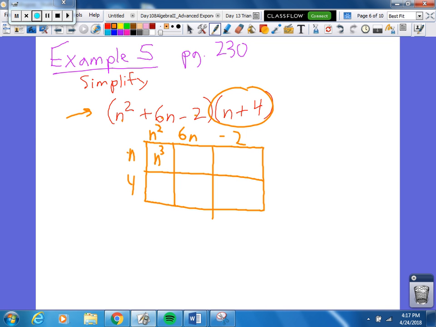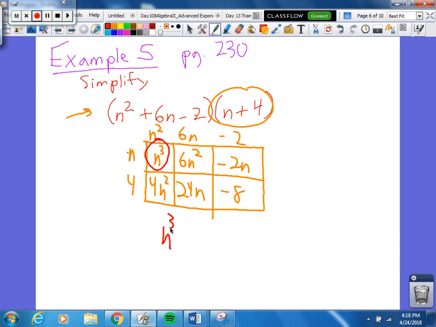Alright, let's see what we got. 6n squared, minus 2n, 4n squared, 24n, and minus 8. Bam. Now we are going to combine like terms. First we start with the highest exponent, so that's n to the third. There's no other n to the third, so I'm going to leave it like that.